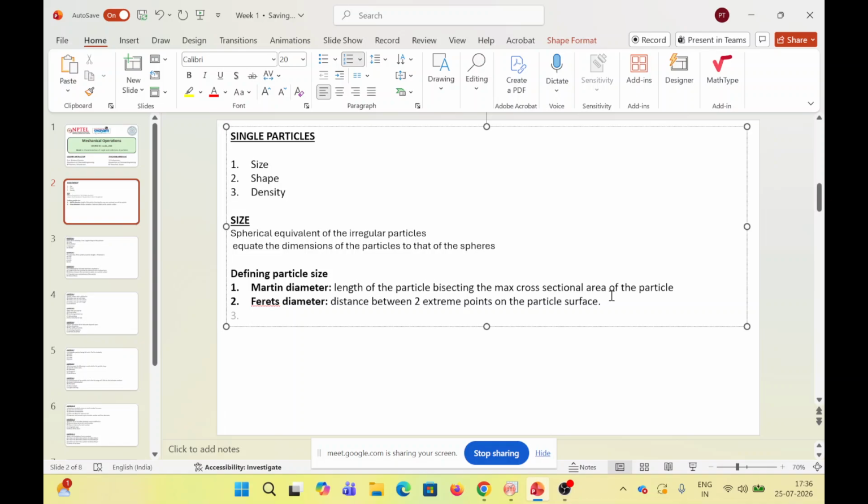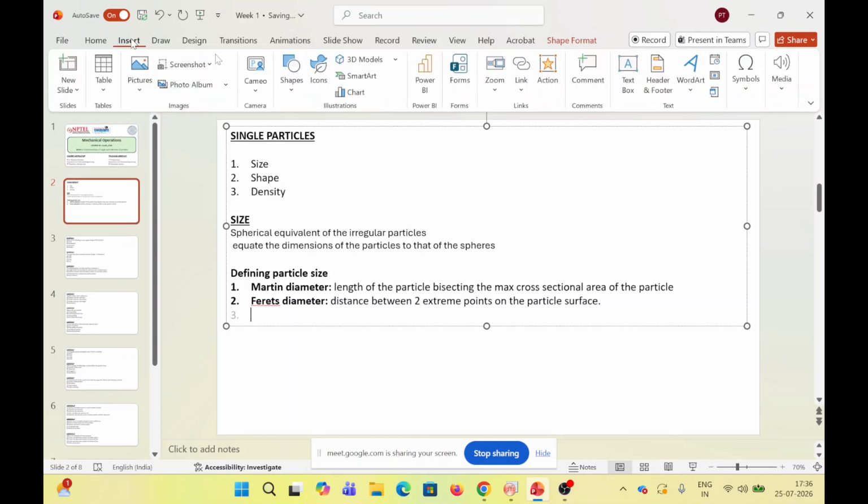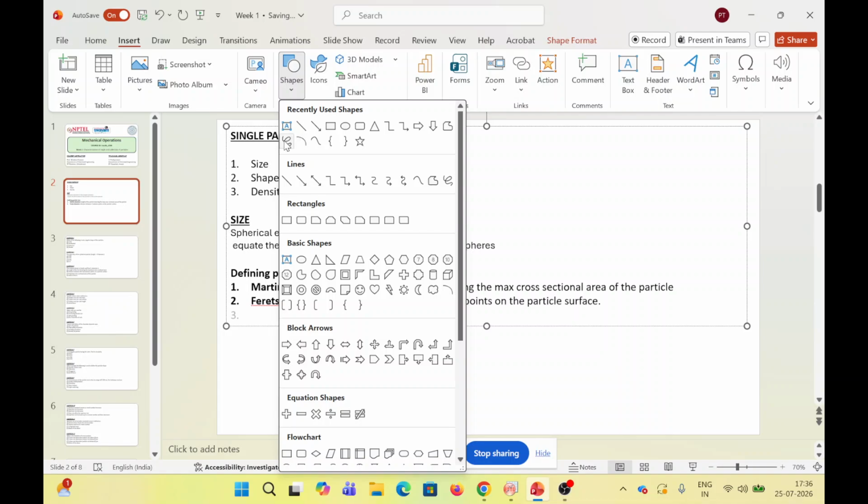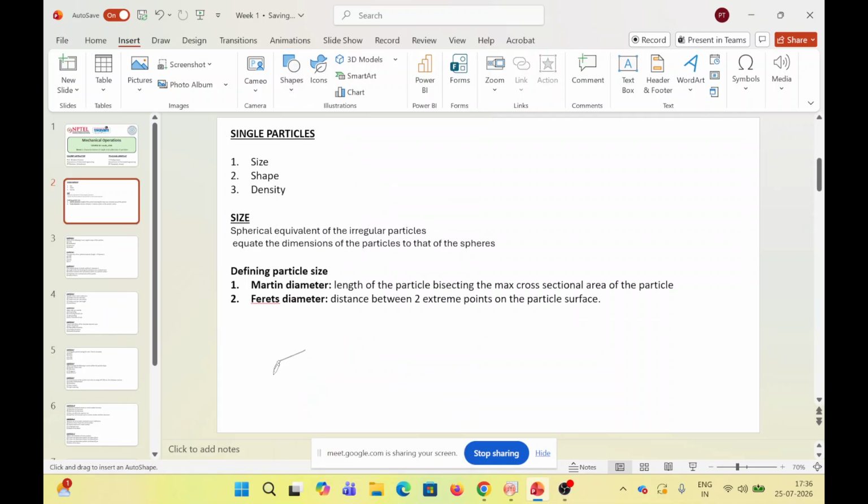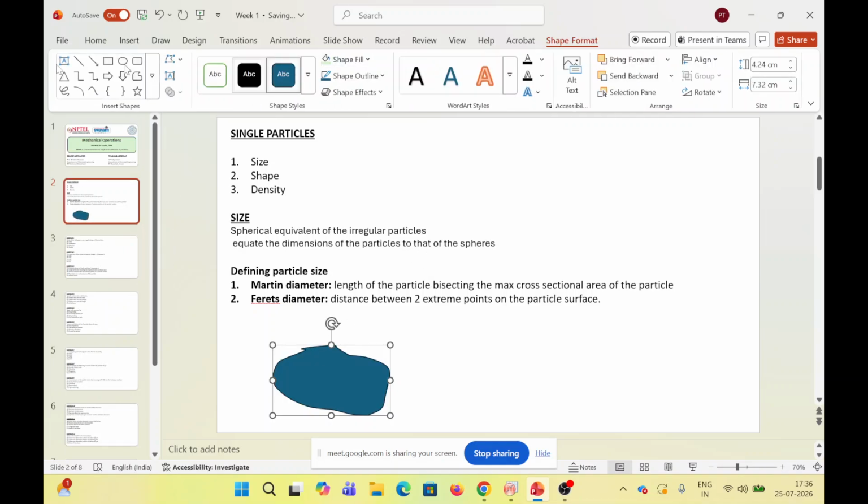When you take an irregular shaped particle, let me just draw one here, because it's quite easy to draw an irregular shaped particle. So this is an irregular shaped particle.